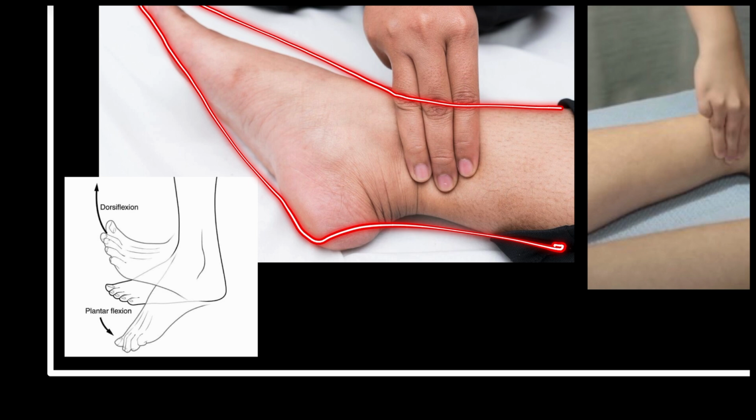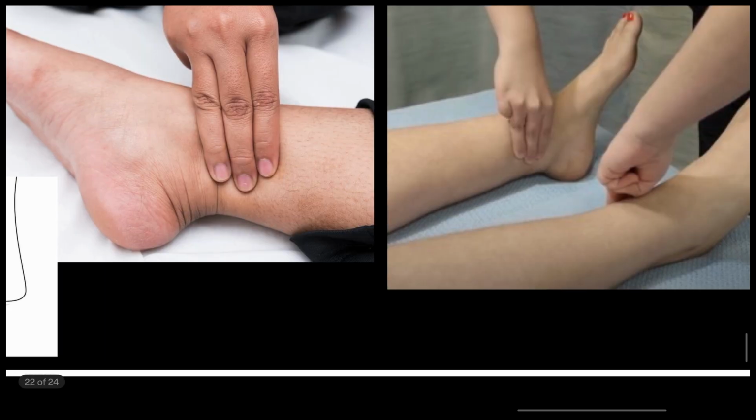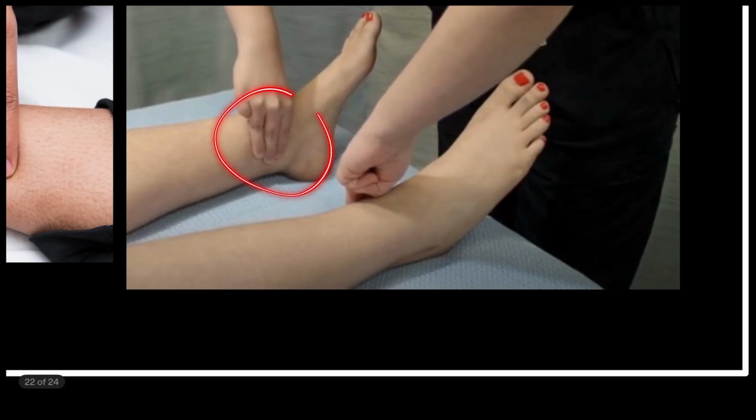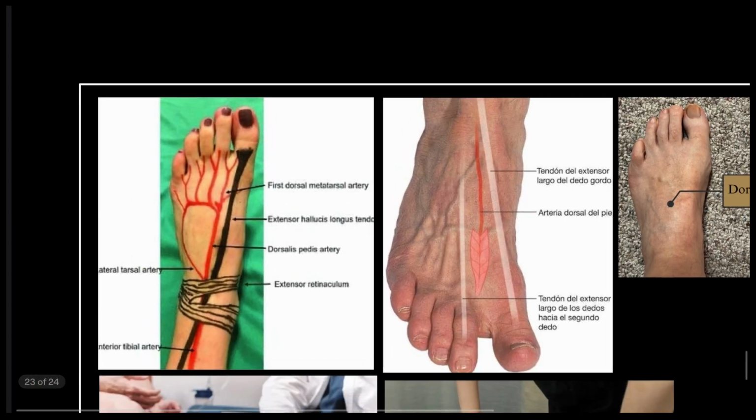When there is plantar flexion, the posterior tibial artery becomes lax. Because if it is dorsiflexed like this, the artery would be stressed and it would be difficult to palpate the pulse. You can palpate both the sides simultaneously to compare and contrast between the two posterior tibial pulses.